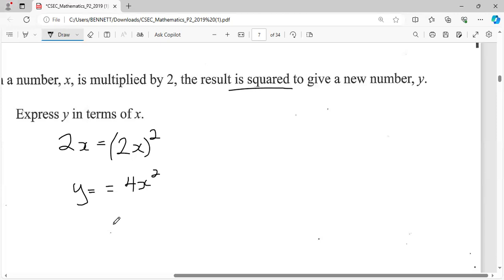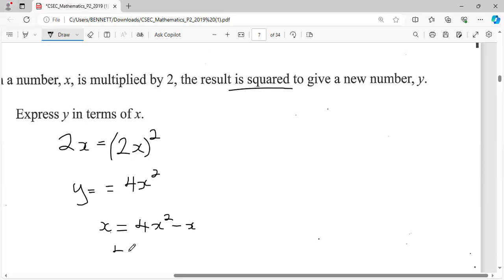So x is also equal to 4x squared. So what I'm going to do, I'm going to subtract x from both sides. And that will give me a 0.